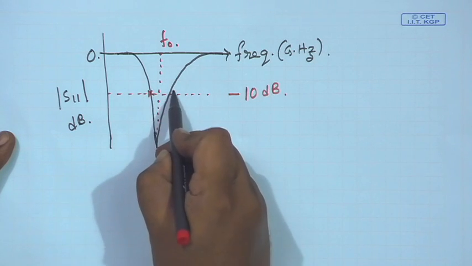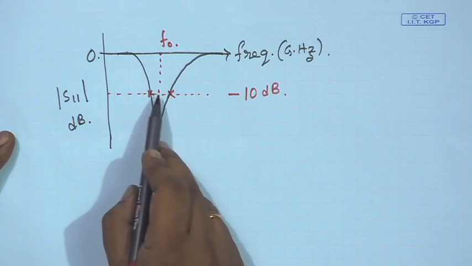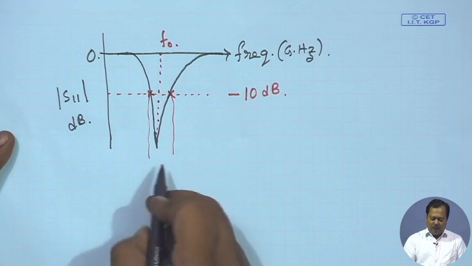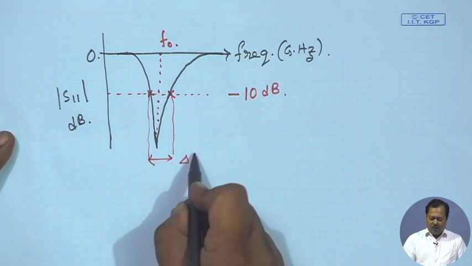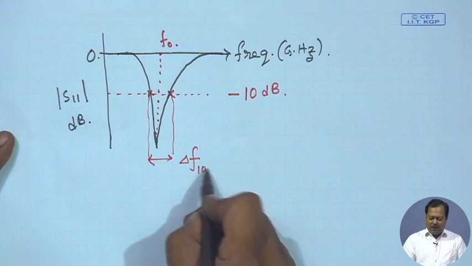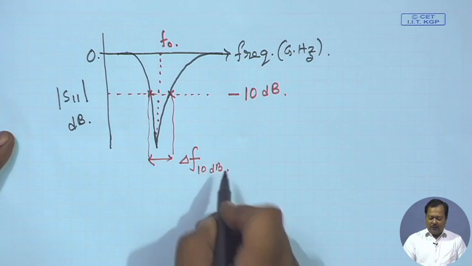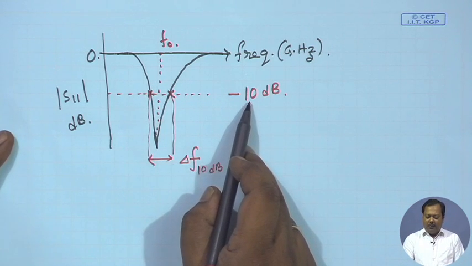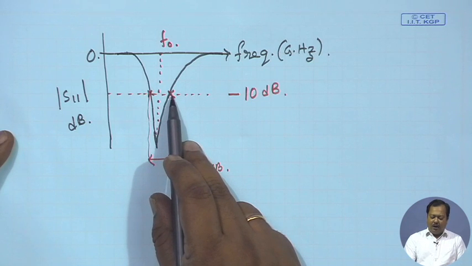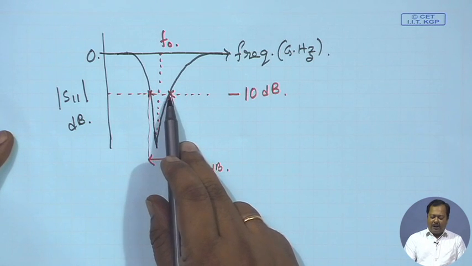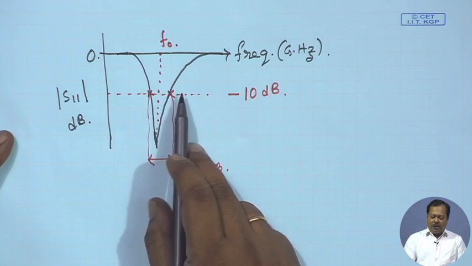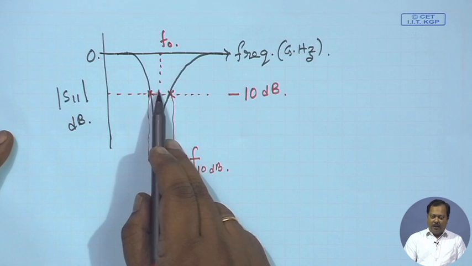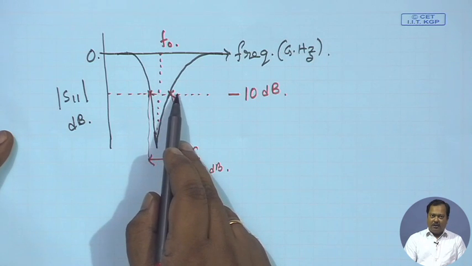We see where the value of S11 is minus 10 dB, and the corresponding bandwidth delta f we sometimes call the 10 dB bandwidth. Over this bandwidth, if I calculate the reflection coefficient at this point and from that the power accepted by the antenna, approximately 90% of the power is accepted if I consider S11 as minus 10 dB.